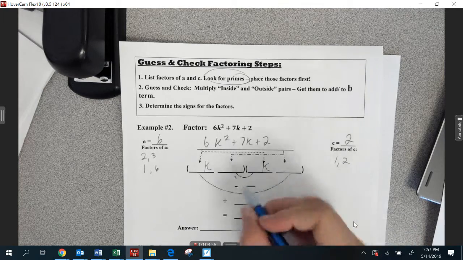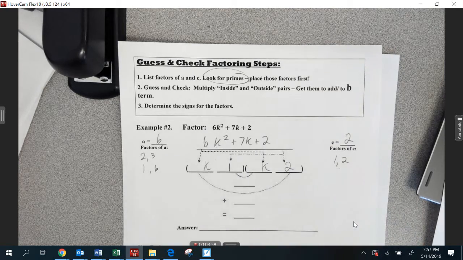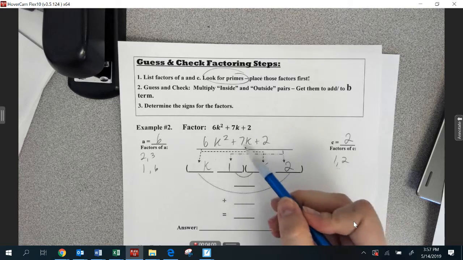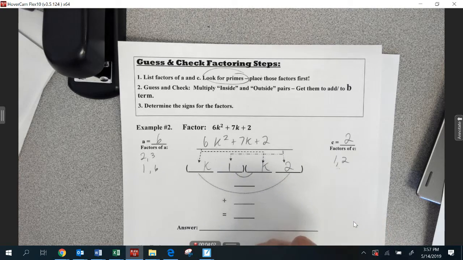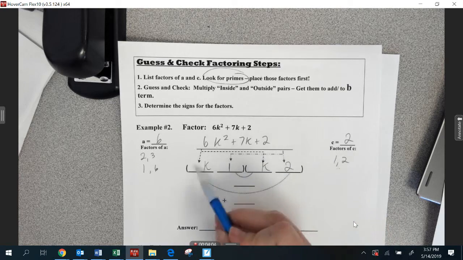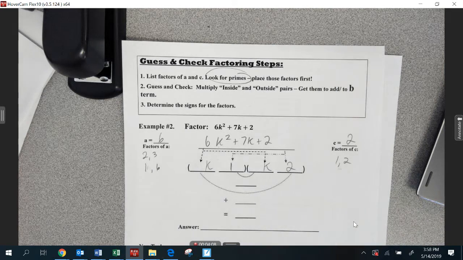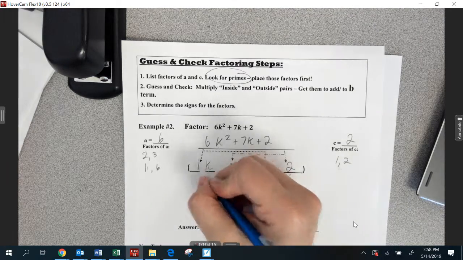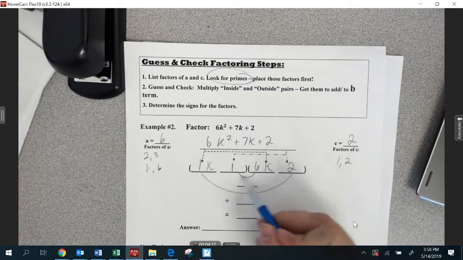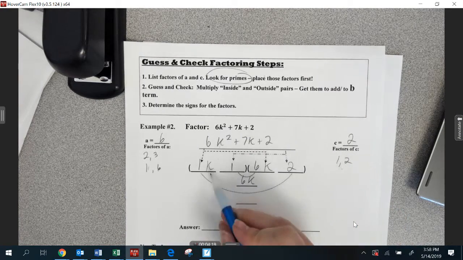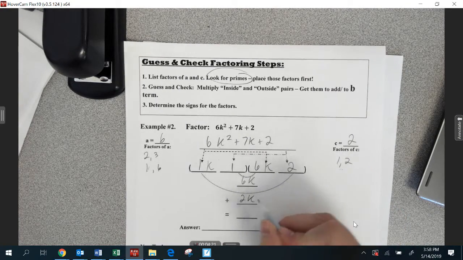1 times 2, I'll go ahead and place, and I'll lock those in. And then I want to try and get to 6 with my factors for A. So let's say that, what should I try first? Well, I'm also going to have to make this 7. Let's say I try 1 and 6 first. Well, 1 times 6 is 6k. 1 times 2 is 2k.